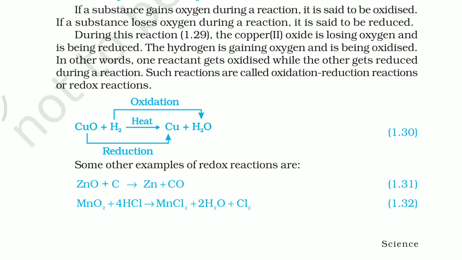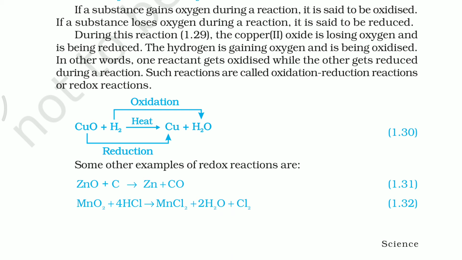So here in CuO, copper oxide, what is the oxidation state of copper? +2. You know already that for elements in the elementary state, the oxidation state is 0. So copper goes from the +2 state to 0, the oxidation number is decreased, so this is a reduction reaction.